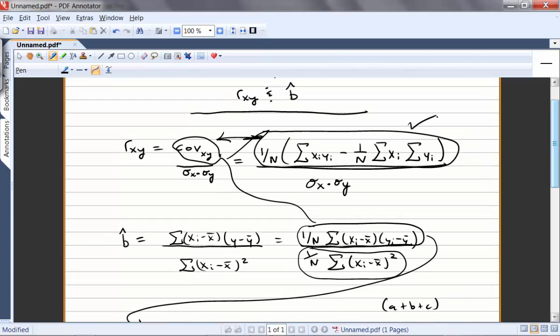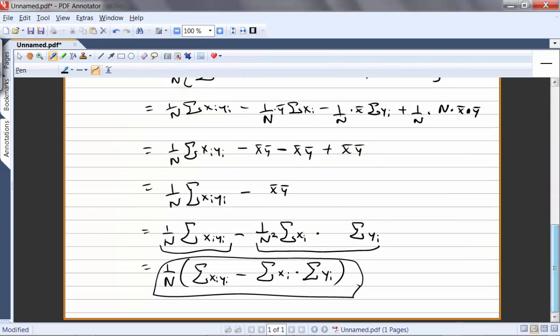They're the exact same thing. Oops, I forgot to put this right here: it's 1 over n times this minus 1 over n squared. I just forgot the 1 over n, but they're the exact same thing. So this is the covariance of x and y. So the numerator of b hat is the covariance of x and y.